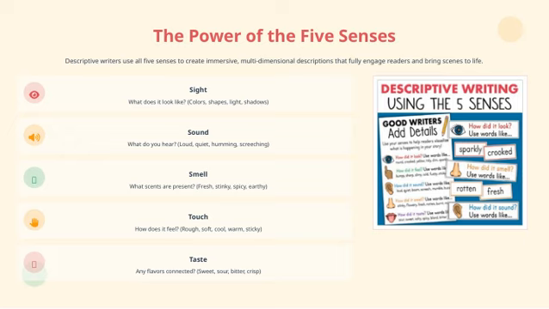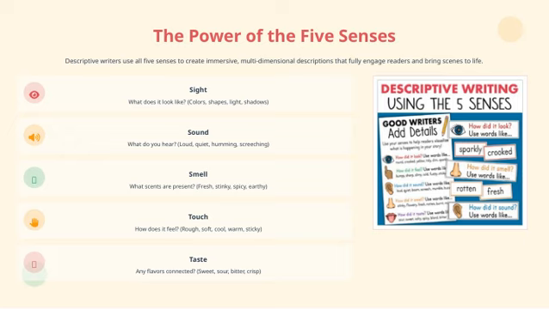Then there's smell. Scents can evoke memories or set a mood: fresh and clean, spicy and warm, earthy and damp. These scents help deepen the reader's connection to the scene. Touch is about describing textures and feelings: rough bark, soft fabric, cool water, warm sun, sticky surfaces. These tactile details make the scene tangible. Finally, taste.